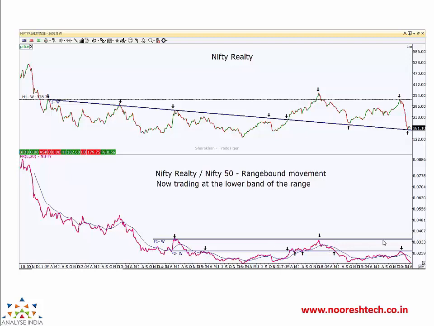In the current scenario, the ratio chart is again trading near the bottom of 2016 and 2018. Let us see if the ratio chart again bounces back from here, and the price of Nifty Realty also bounces back from here. The major level for the Nifty Realty index is to break out from these zones on the price chart, and to break out from these zones in the Nifty ratio chart.